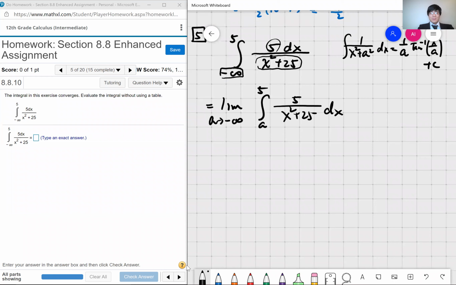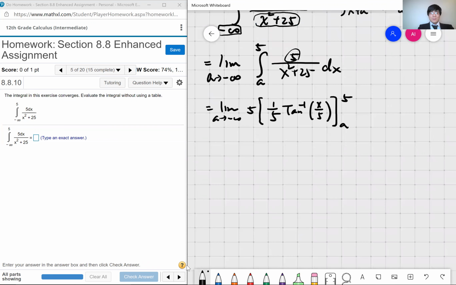Using the formula to find the antiderivative, it's going to be 1/5 inverse tangent of x over 5, from a to 5. That is equal to inverse tangent of 1 minus inverse tangent of a over 5.